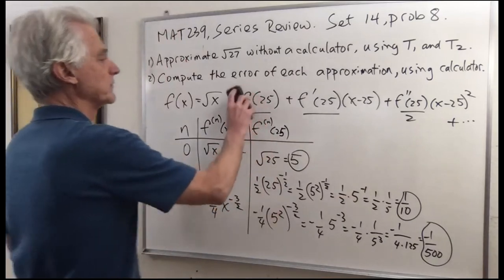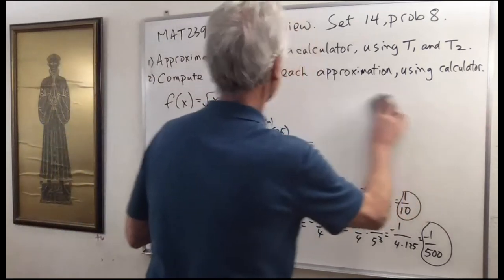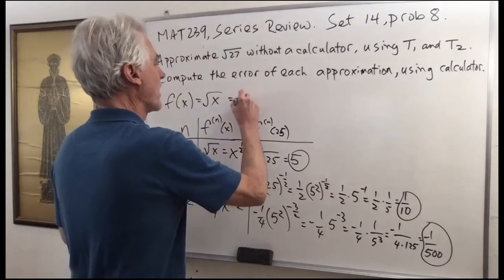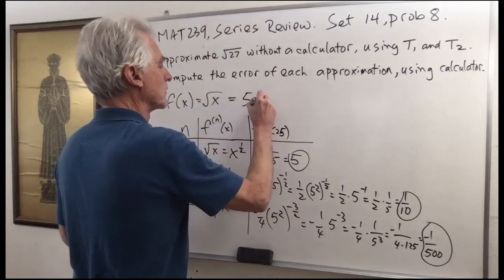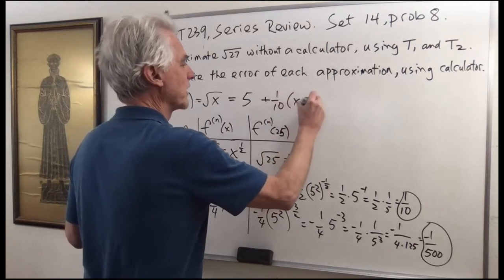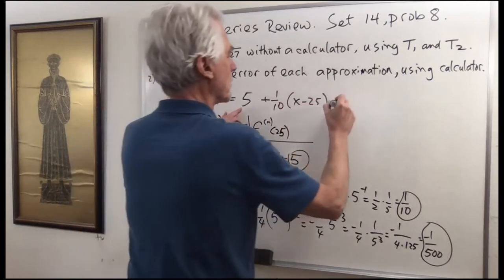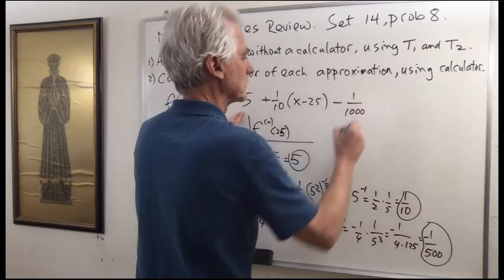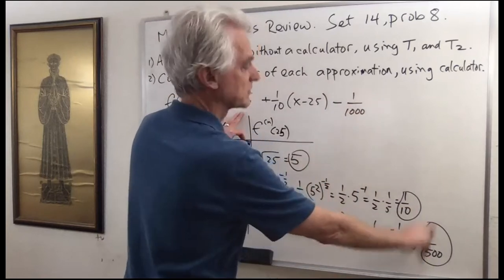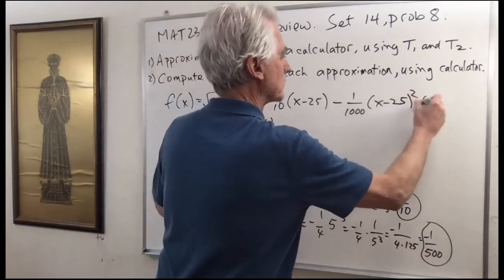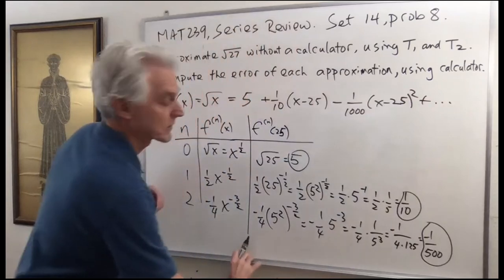So I'll just rewrite this: it's going to be 5 plus a tenth times x minus 25, minus 1 over 1,000, dividing that by 2, times x minus 25 squared plus dot, dot, dot.